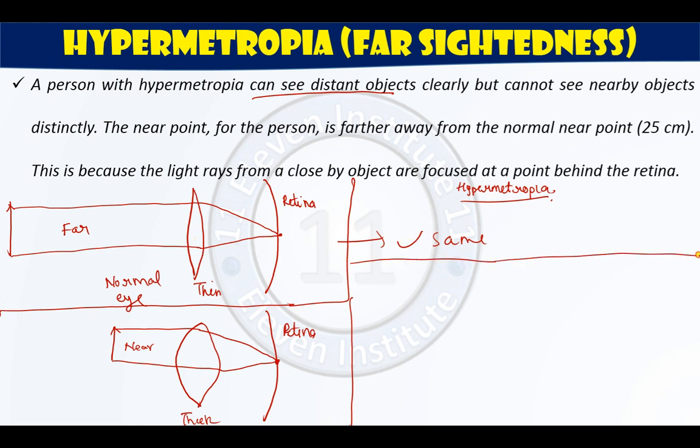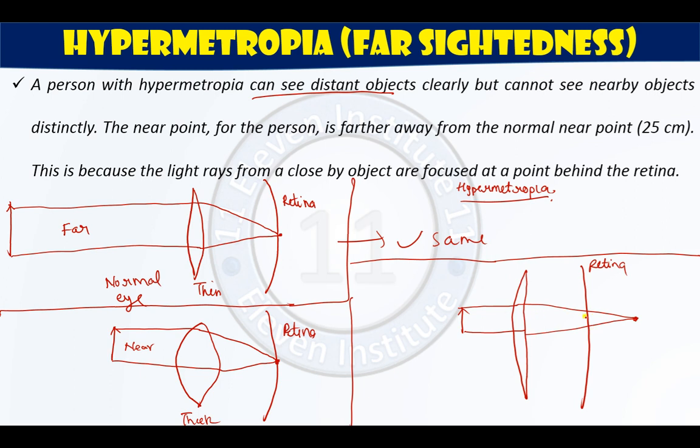But for the same person, if we imagine that here is the retina, an object which is placed quite near to the lens should make the lens become thick, but here the lens is not becoming thick. It is remaining as it is. In such cases, parallel rays will come like this, but they will get focused behind the retina.